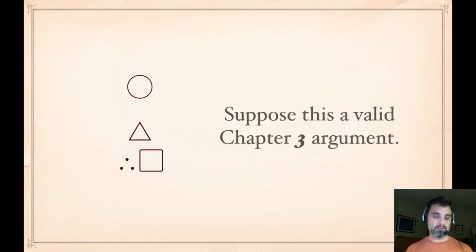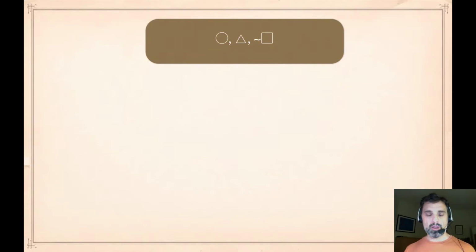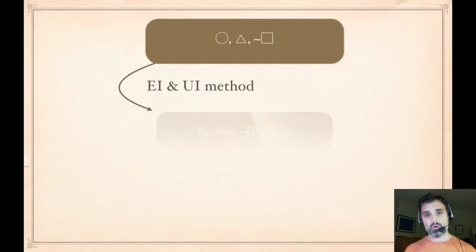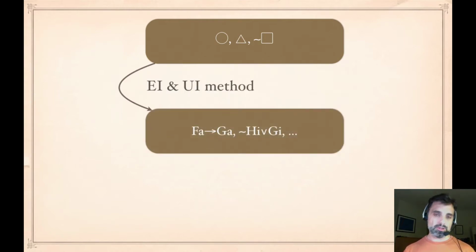In Chapter 3, suppose we have a valid argument. We have the set of premises and the indirect assumption, and that's inconsistent. They cannot all be true. The first stage of the derivation is that we apply the EI and UI method, and that generates a set of quantifier-free sentences. We start off with sentences with quantifiers in them.